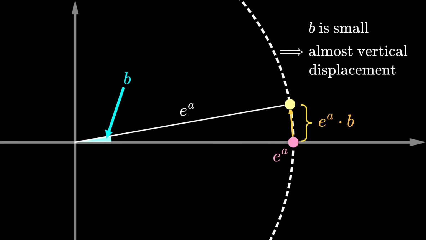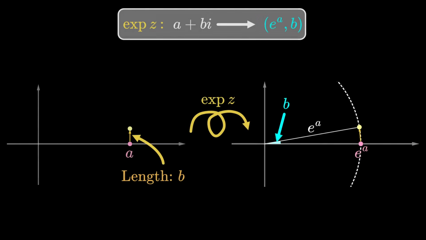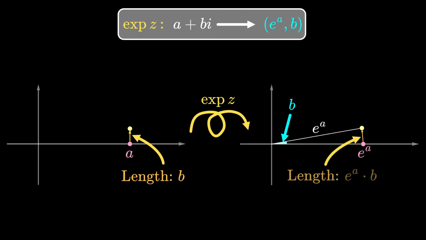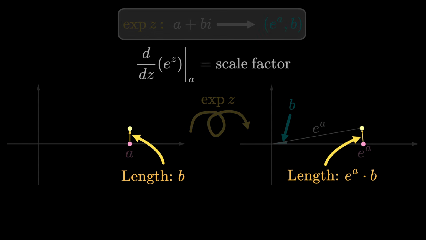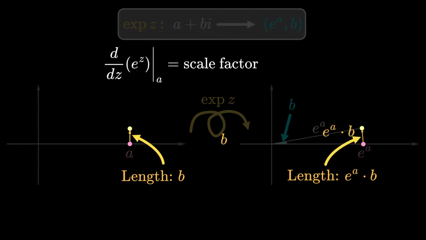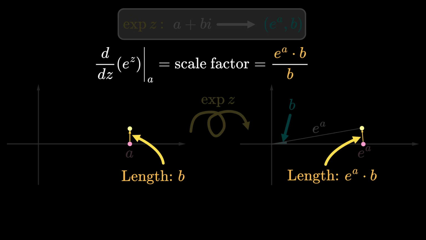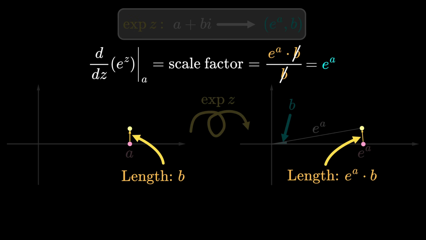So, from the original vertical displacement of b, it becomes a displacement of e to the a times b. The derivative, which is the scale factor of the displacement, can then be computed as e to the a itself, exactly what we expected for the derivative of exponentials.